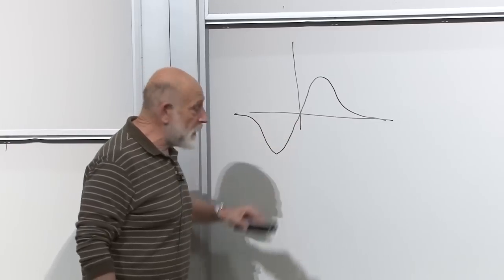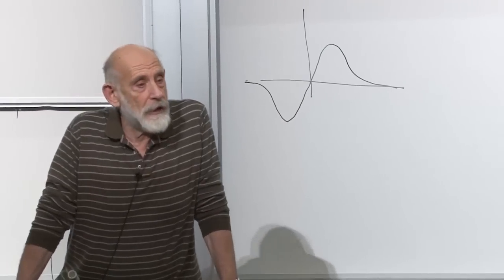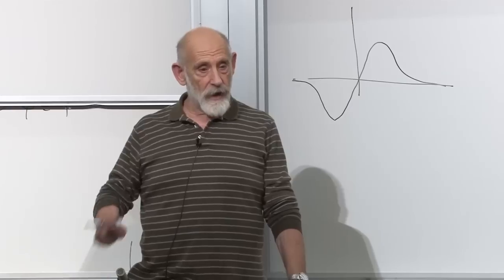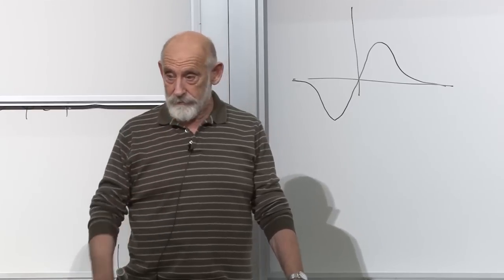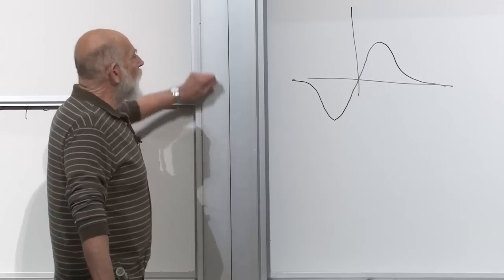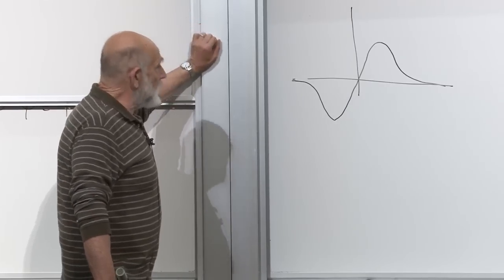But notice that the probability goes to 0 at the origin. If you're in the first excited state of the harmonic oscillator, the probability that you find the oscillator at the origin is 0. Interesting fact. That's the first excited state.